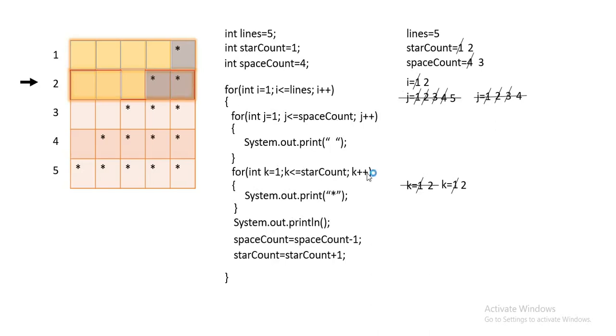Then go back to k++, k becomes 3, but 3 not less than equal to 2, end this for loop and print a new line. Then reinitialize space count variable, space count becomes 2 now and star count becomes 3.